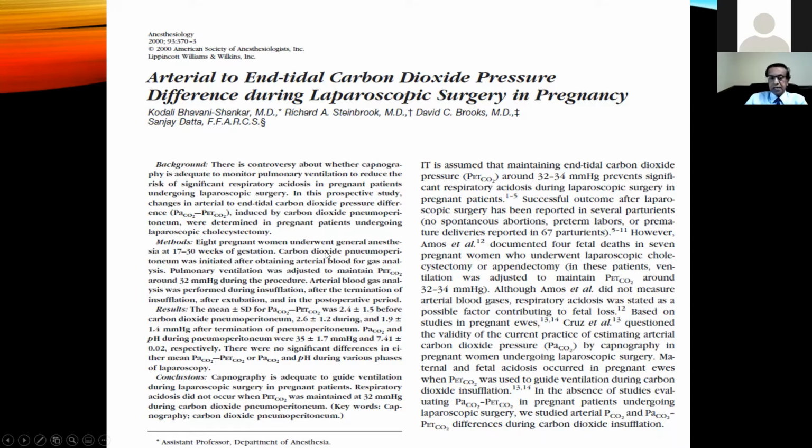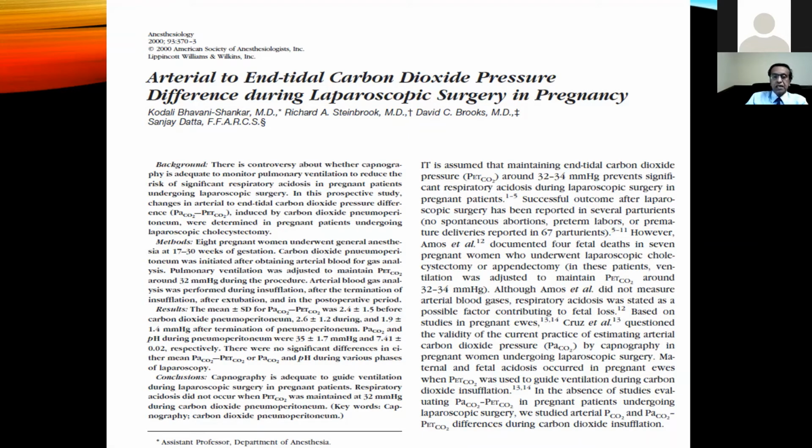Therefore, it is necessary to know what the arterial CO2 is during insufflation and anesthesia. Initially, based on the animal studies, particularly the pregnant ewes, an arterial line was advised during laparoscopic surgery in pregnancy because of the fear of respiratory acidosis.